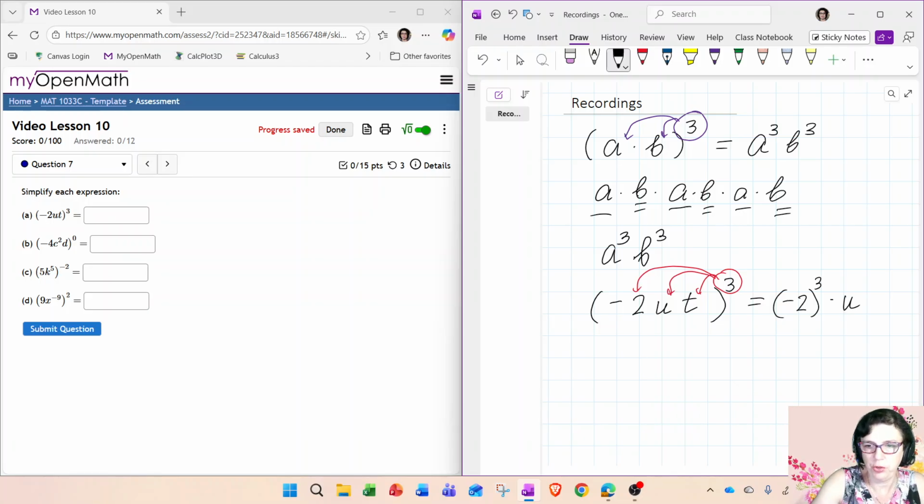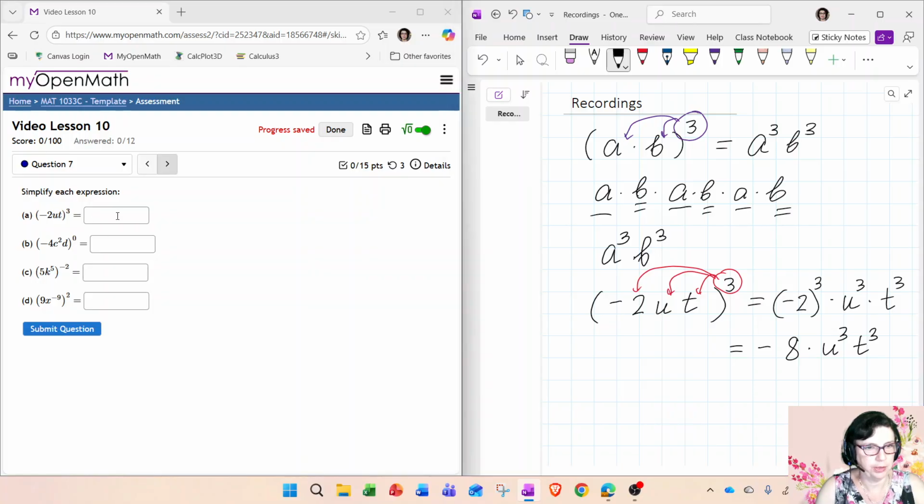Then you're going to raise u to the power 3, and then you're going to raise t to the power 3, right? What is negative 2 to the power 3? So we are multiplying negative 2 by itself 3 times. We will get a negative answer, because two negatives will become a plus, but 2 cubed is 8. And then we've got u cubed t to the third.